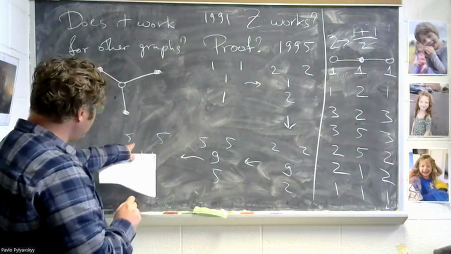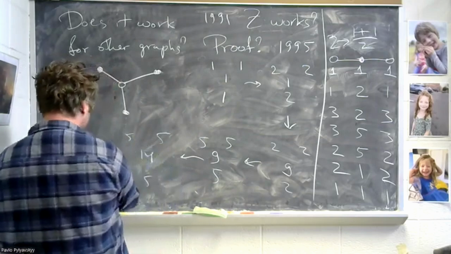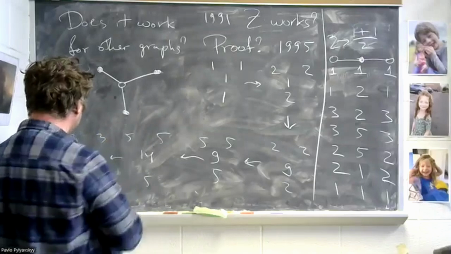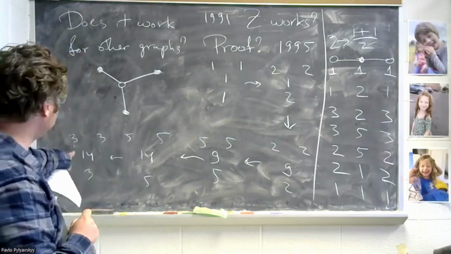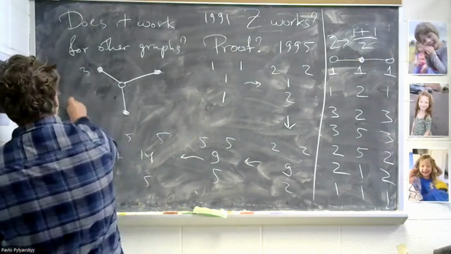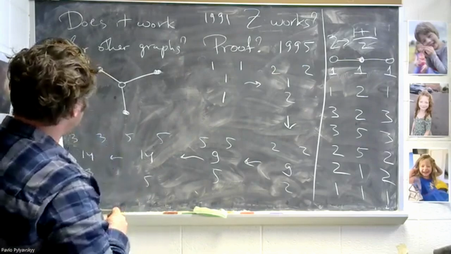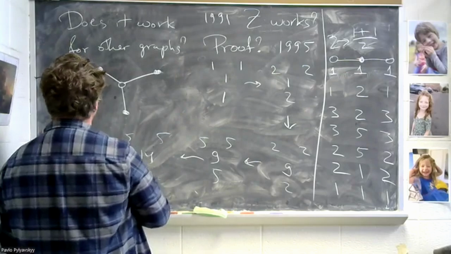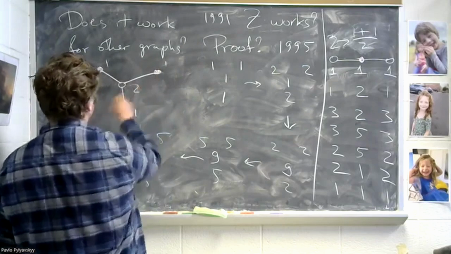Now I do 14 plus 1 divided by 5, which will be 3, 3, 3, 14. And now I do 27 plus 1 divided by 14, which will be 2. So I get to 3, 3, 3, 2. And then now I probably get 2 plus 1 divided by 3. I get into 1, 1, 1, 2.